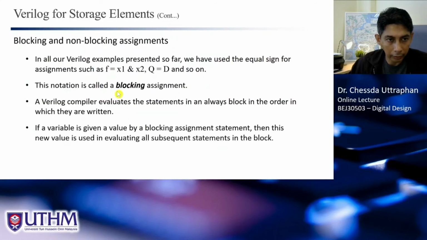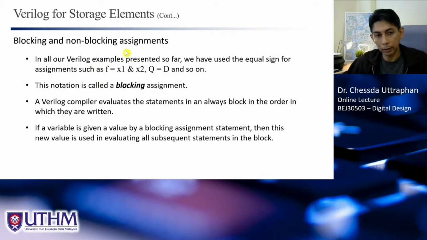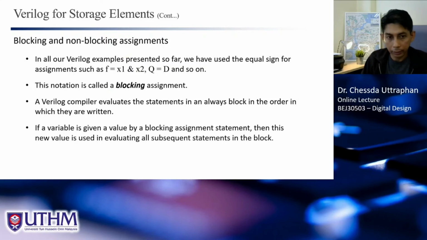Now we will look at how we use the assignment statement to create the sequential circuit. So before this, when we use an assignment statement, what is assignment? Assignment is the equal symbol. Remember when we write the code, we have A equal to A and B or C and D. So this is called assignment.